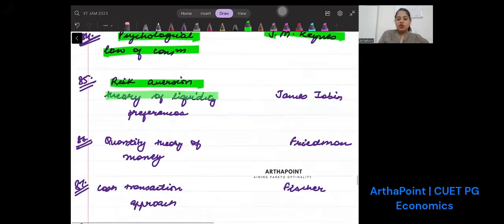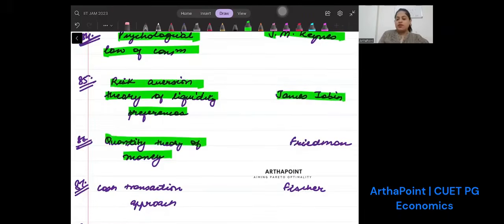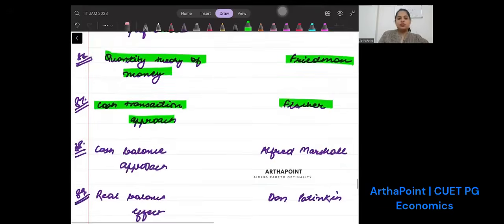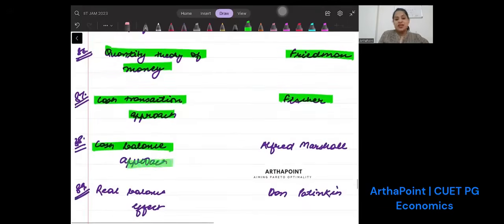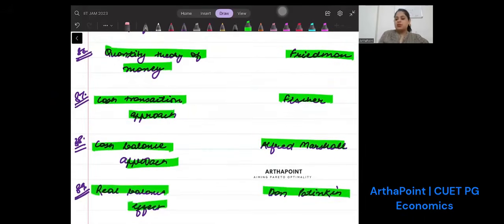Risk aversion theory of liquidity preferences is given by James Tobin. Quantity theory of money is given by Friedman. Cash transaction approach is given by Fisher. Cash balance approach is given by Marshall. Real balance effect is given by Patinkin.